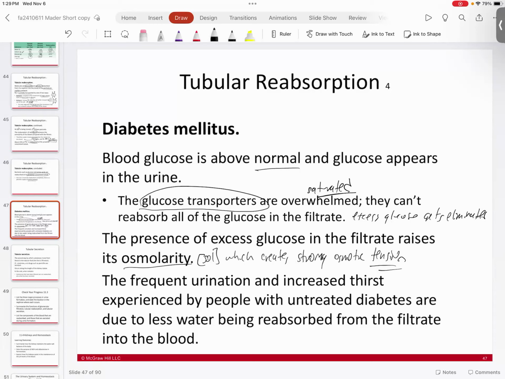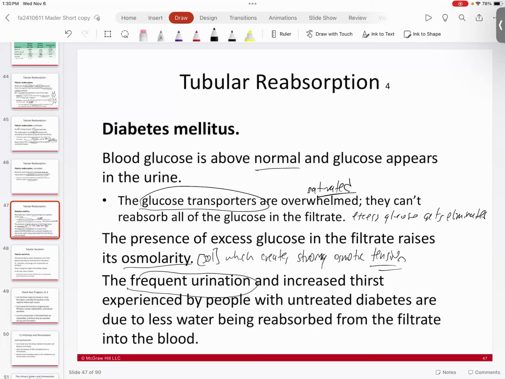And so ultimately what happens is this will cause water to move into the filtrate to try to dilute that. And then that forces you to eliminate liquids and fluids more frequently, which is the reason why you get frequent urination.